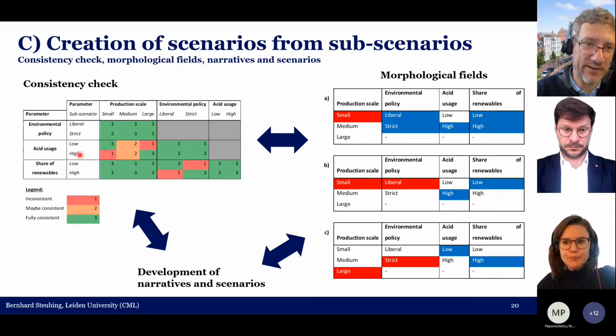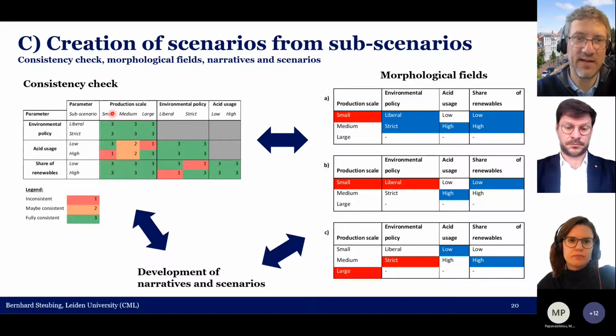And then for the sub-scenarios for these parameters, we see that a high asset usage is incompatible with a small production scale. And we can see that here a large production scale is compatible or consistent with a high asset usage.